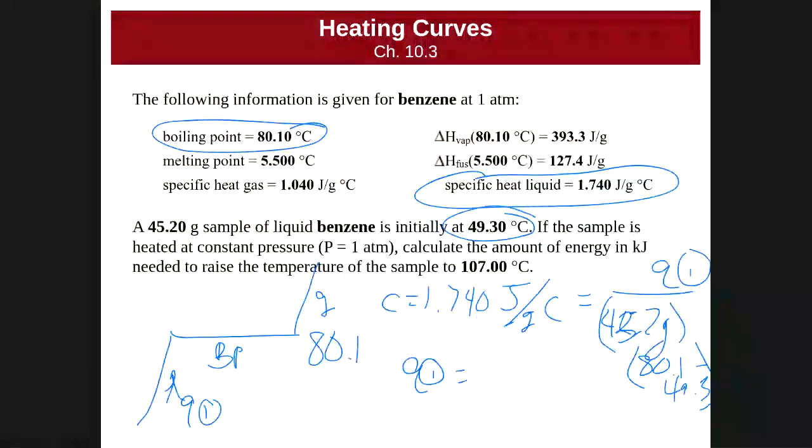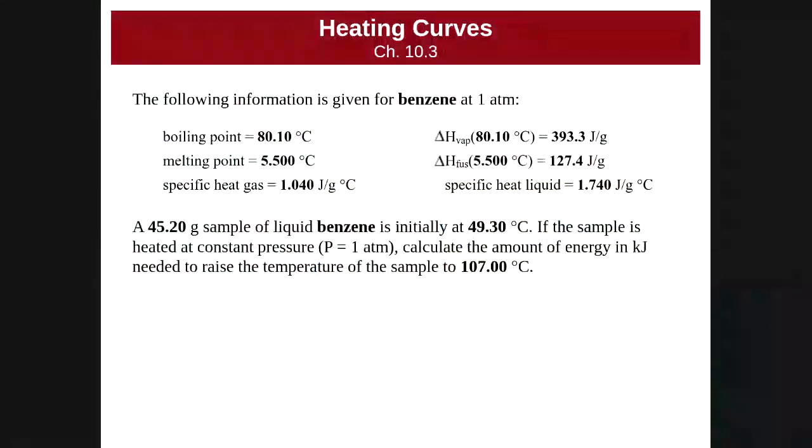All right, so that Q is going to be 2,422 joules. We got to know our units are joules. Okay, so there's one. I'm going to write that up here so that we keep it in mind. So Q1 is 2,422 joules.